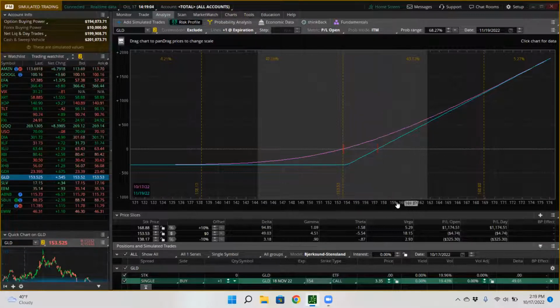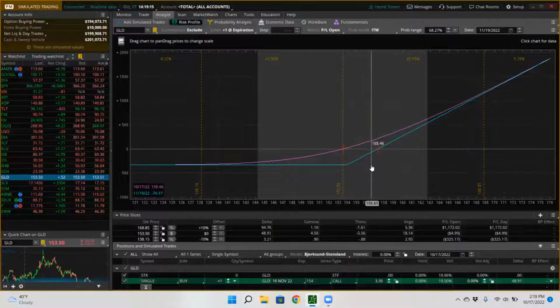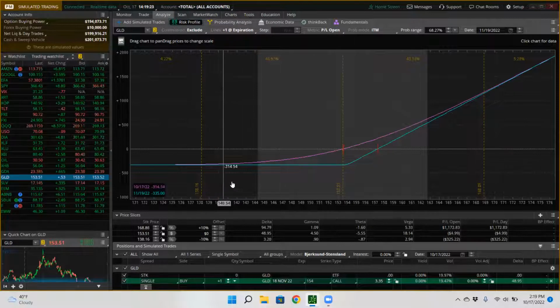So we would end up paying $3.35 for this contract, times 100, so $335 for this contract. You can see these two red lines: there's a red line on the purple and a red line on the blue. As you move your mouse across the bottom, you can see this is November 19th of 2022.